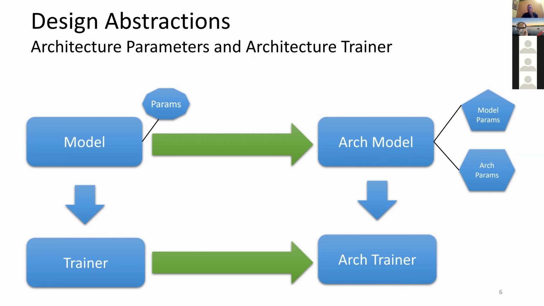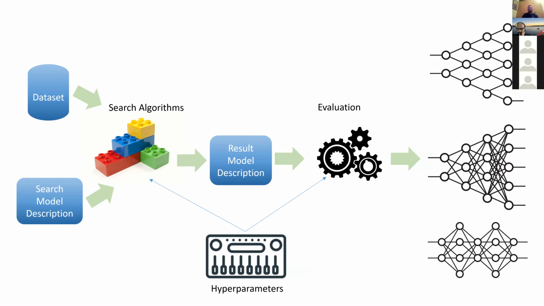So you can apply all different kinds of techniques for training the model parameters differently and the architecture parameters differently. So this is a very high level look where you have datasets, a search model description, and the search algorithm spits out a result model description. Then evaluation will scale up this model description, and ultimately we have the final description, which you can compile into an nn.Module.